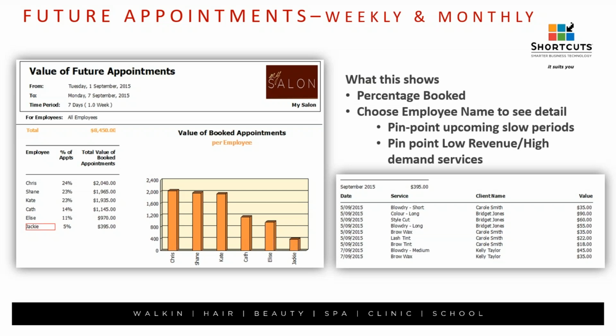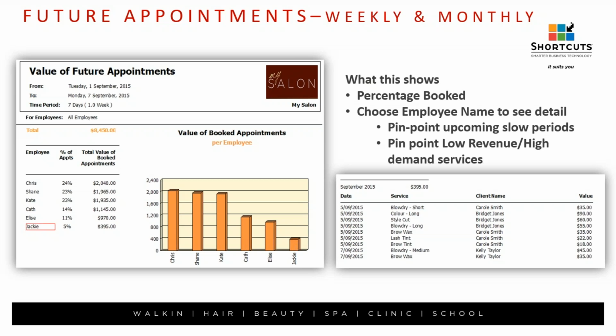And if you need to see a detailed breakdown of what are the particular services that are booked ahead of time, on the reporting screen, where you get a bar graph of the dollar value that your staff gets, if you double click on any one of those bars, Shortcuts will actually open a second window that shows you a detailed breakdown.